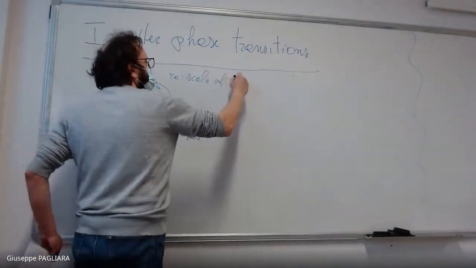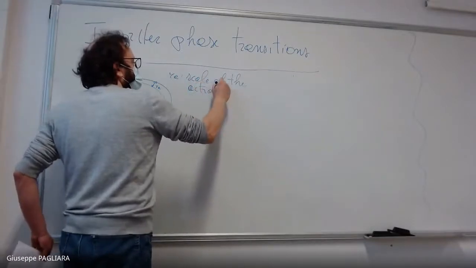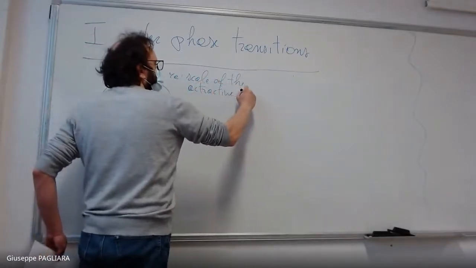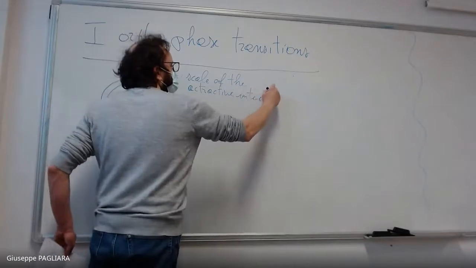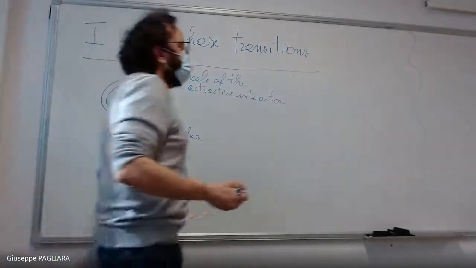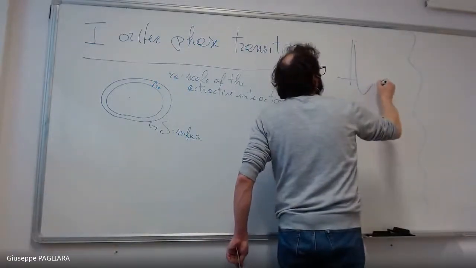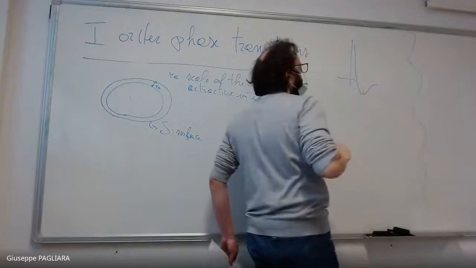So this is the scale of the attractive interaction. What is the scale? In the Lennard-Jones, we had something like that, okay?